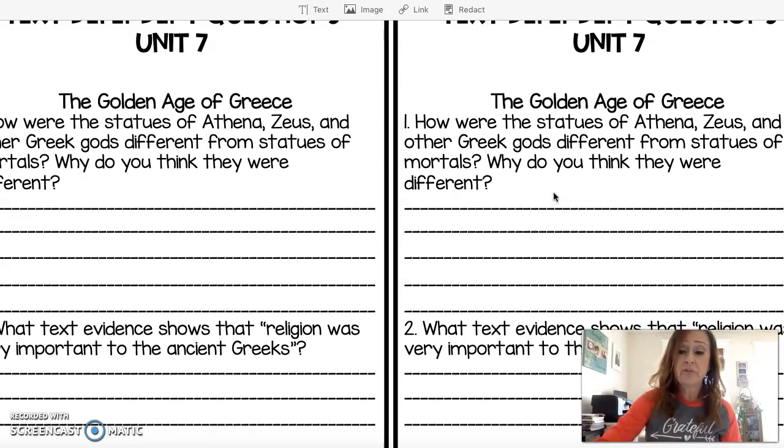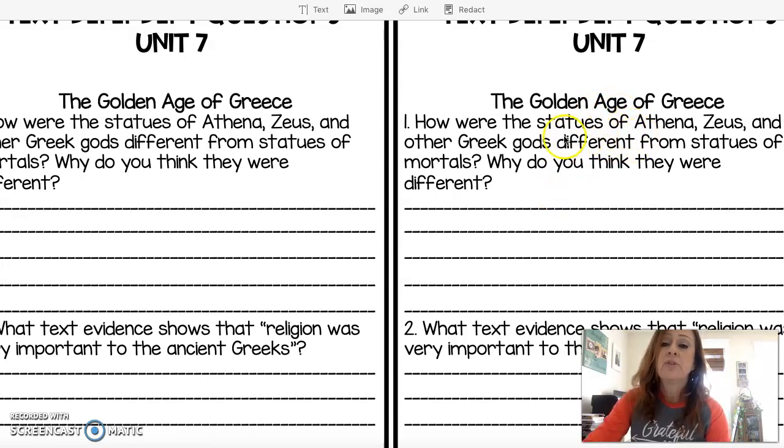Kids at Hanson Elementary School? No. You're going to restate using some of the exact words here. Okay? So how were the statues of Athena, Zeus, and other Greek gods different? The statues of Athena, Zeus, and other Greek gods were different from statues of mortals because. Or then start telling me in many ways and then explain how.